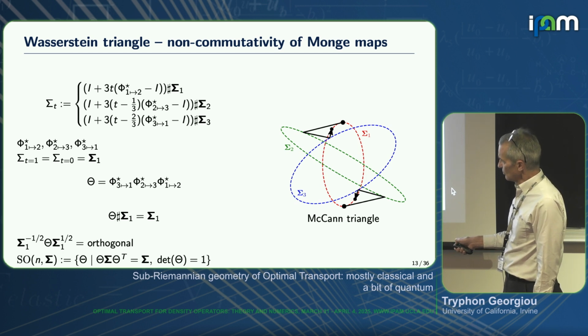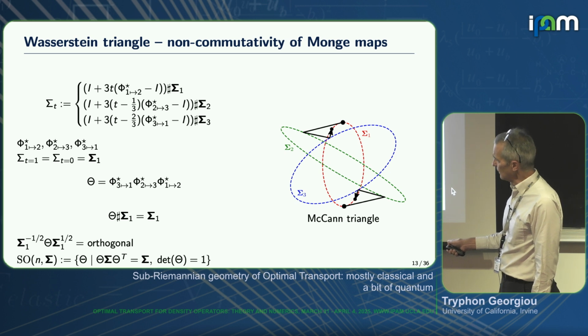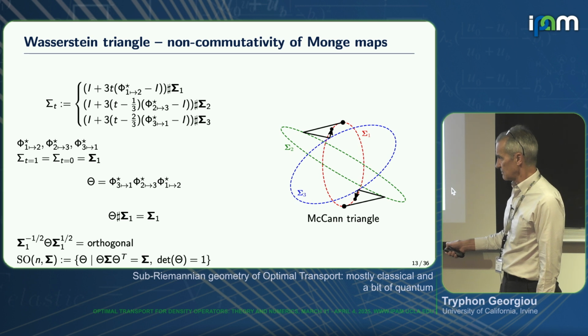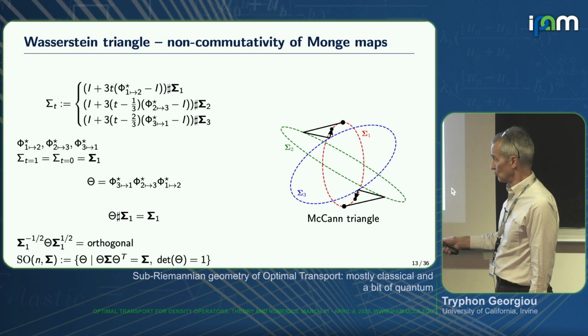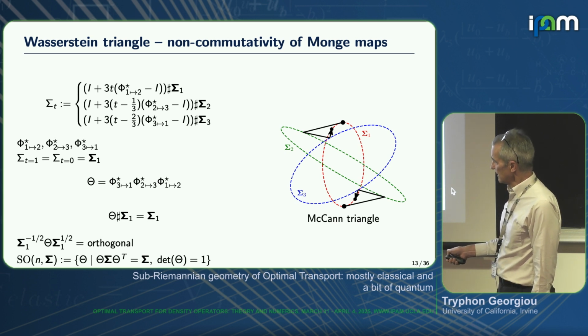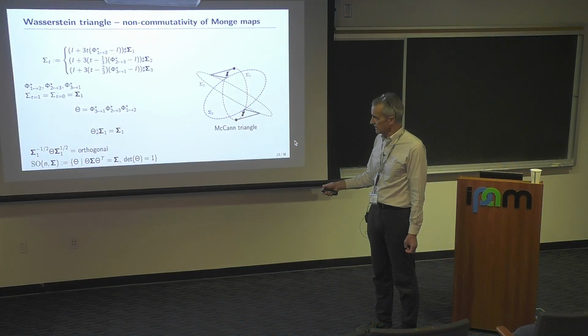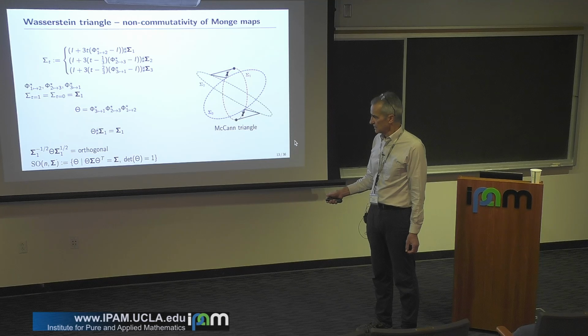And the composition of those, you go from 1 to 2, from 2 to 3, 3 to 1, you end up with an element of the special orthogonal group, which preserves the sigma. So in other words, theta sigma theta transpose gives you sigma. So this is a notation. In other words, this matrix is orthogonal.